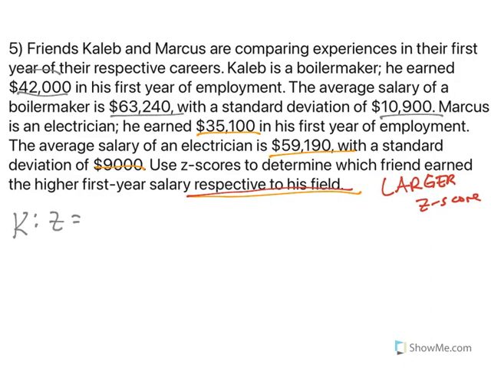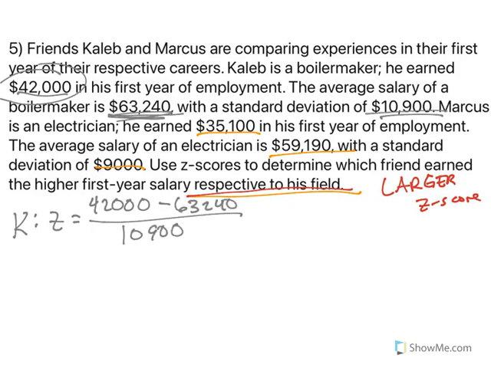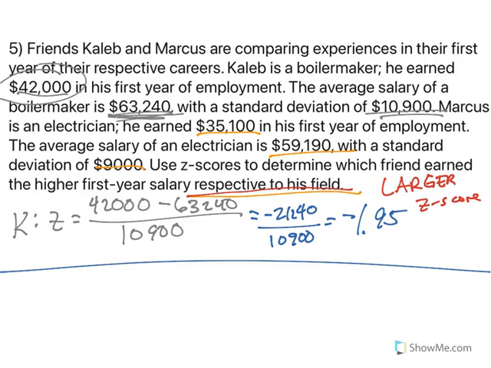So we need the average. The value is the amount that he's earning, 42,000, minus the average, which is 63,240, divided by the standard deviation of 10,900. When I do the numerator first, I get negative 21,240 divided by 10,900 for a z-score of negative 1.95.